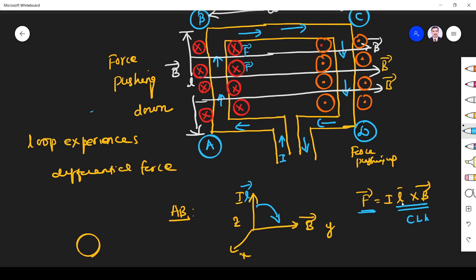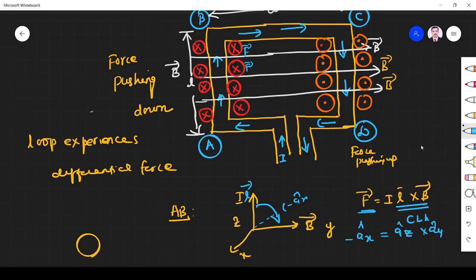L will be in the Z direction, B will be in the Y direction, so it results in the minus X direction. The force acts in the minus X direction, that means inside the screen. That's how the left arm has a force acting inside the screen.